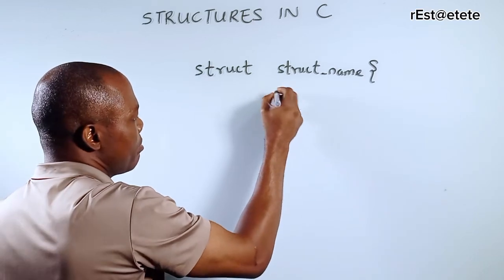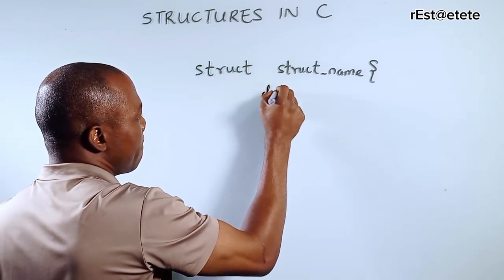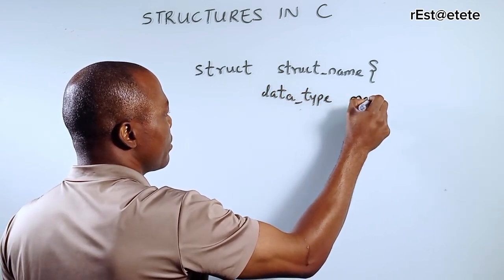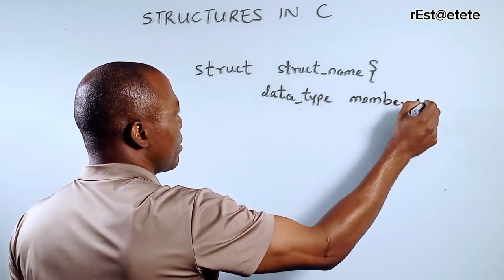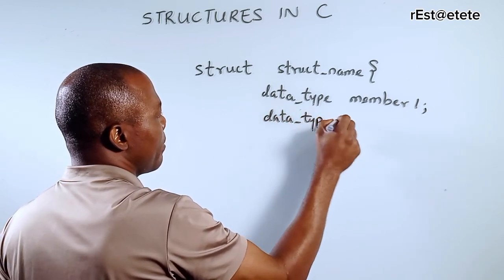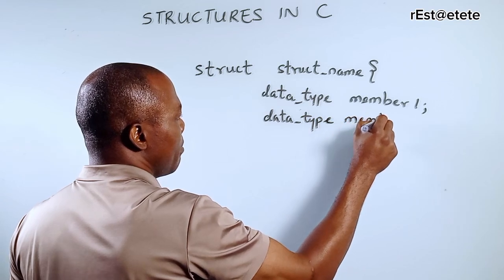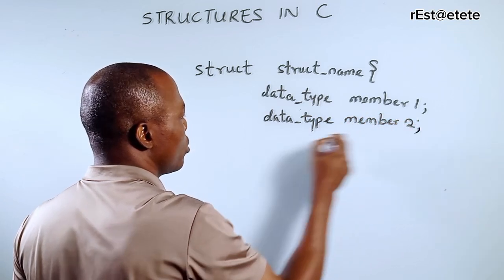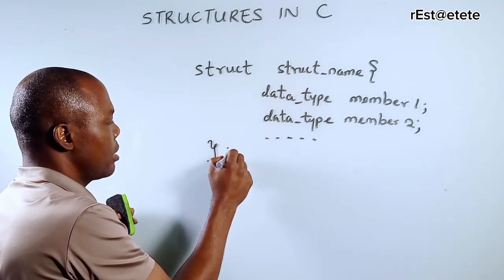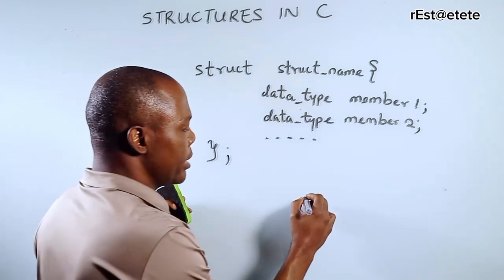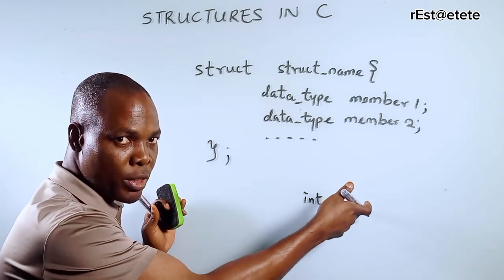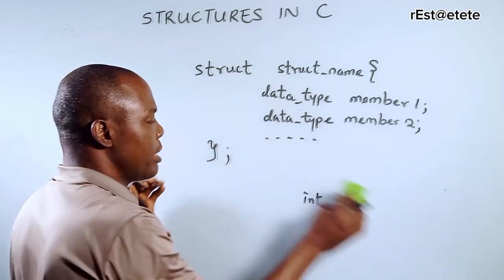Inside it, you declare the data type, member one, then the data type, member two. So we can have that. Then you close it. Because it is a statement, you will do this. Because if I say int A, I have to close this. It's a statement. I have to use my full stop, which is the semicolon, to close it. So that is the same thing you have here.